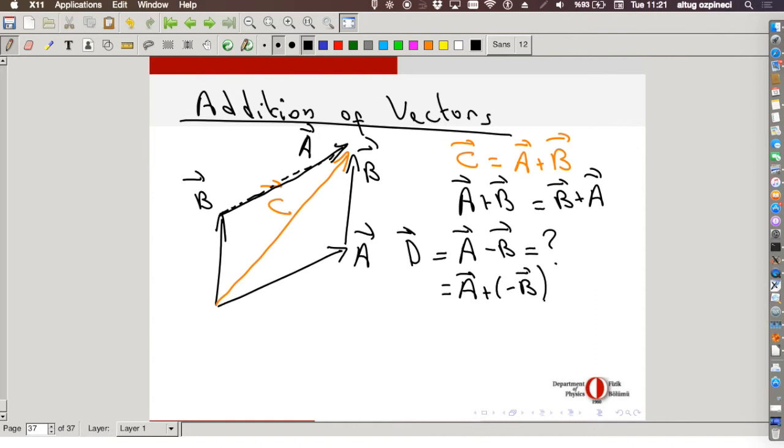Minus B is vector B pointing in the opposite direction. So this is minus B. It has the same length, it just points in the opposite direction. If you add these two vectors, first minus B, then the vector A, you start from here and end at this point, so that is the new vector A minus B, which we define to be the vector D. So this is our vector D.